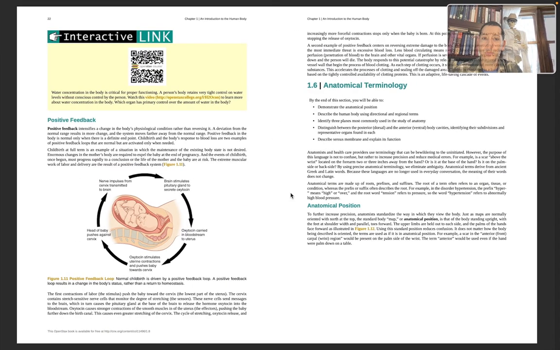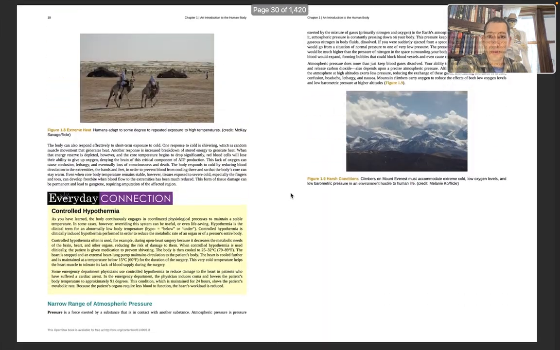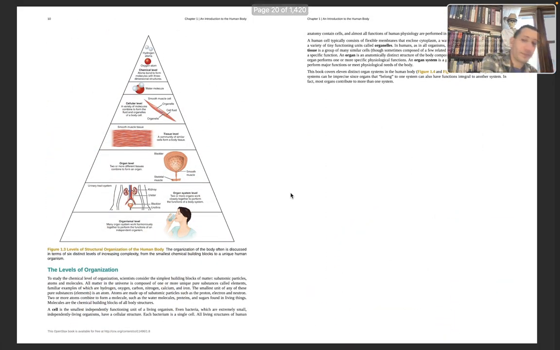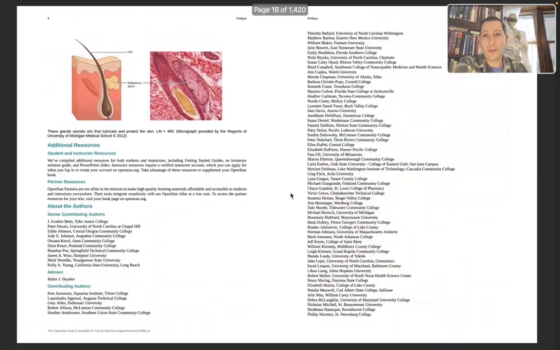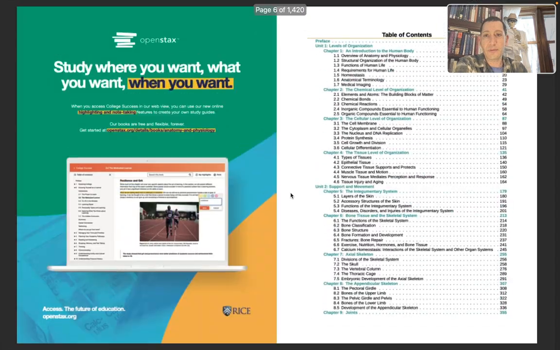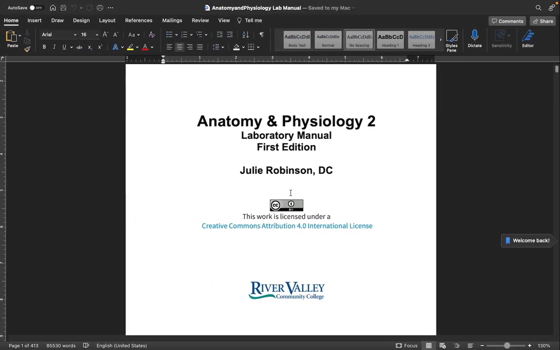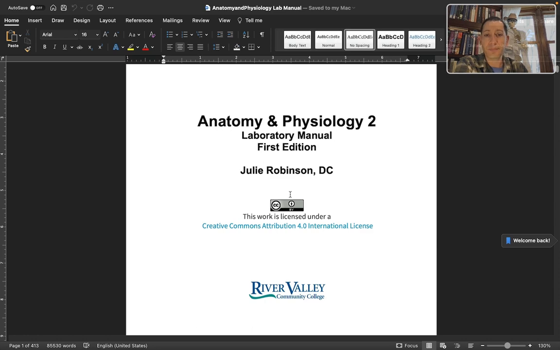Don't click on it, download it, put it on your hard drive, and then you can throw it away after you're done. Is this our lab? No. Where's our? Here it is. Here's our lab manual.